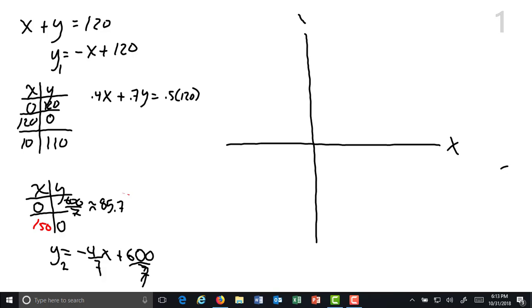Capital X and capital Y. And the first one, we better go in units of 10, right? Because the first one's 120. So if we go by units of 10: 10, 20, 30, 40, 50, 60, 70, 80, 90, 100, 110, 120. This is like 120.